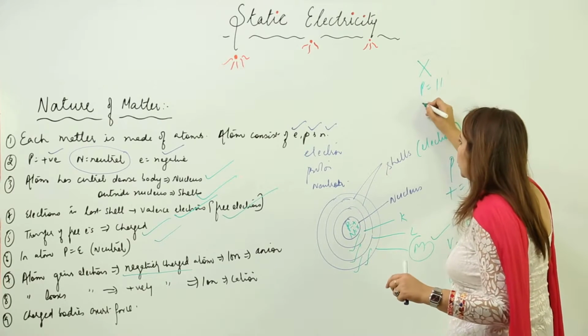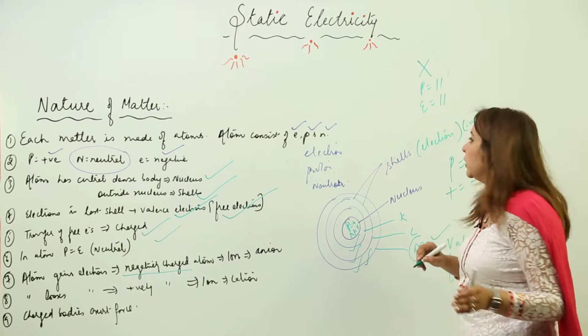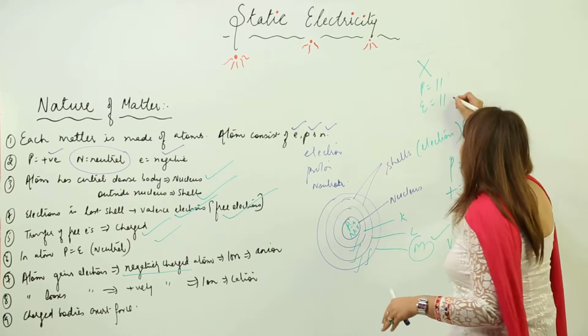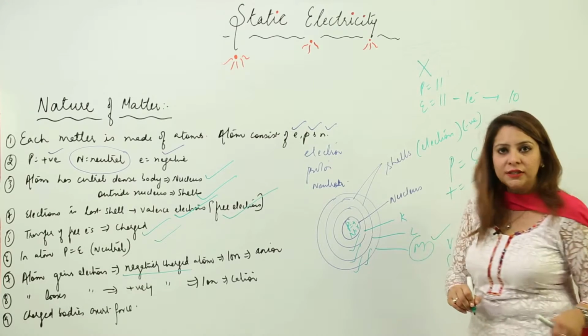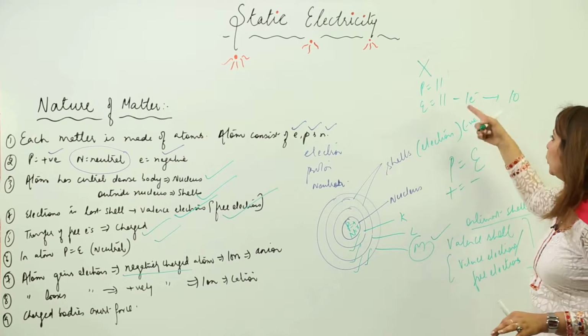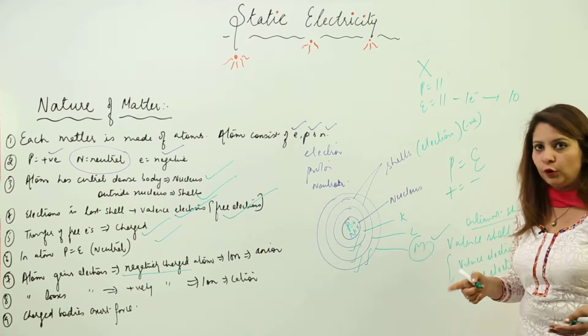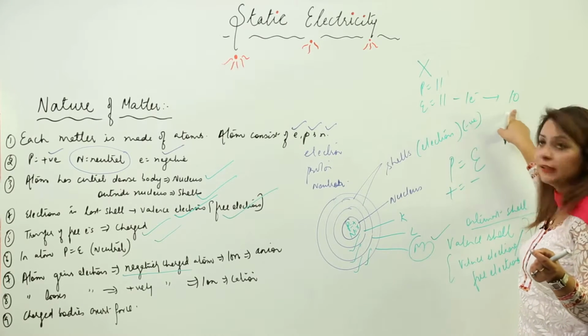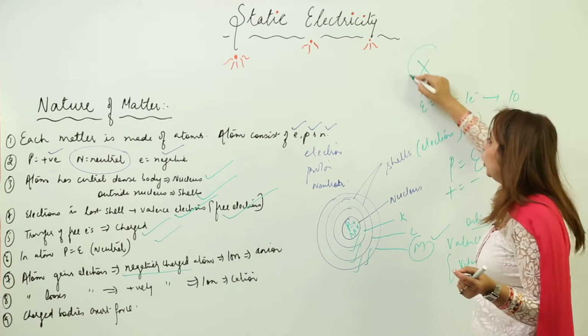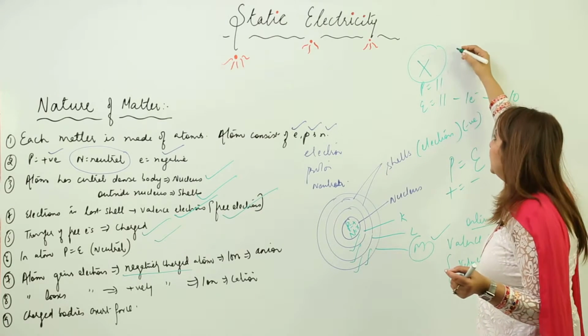Let's say it loses one electron. Now how many electrons does it have? 10. Out of proton and electron, which is more in number? Obviously proton, by one, because it is 11 and 10. So it will no longer remain an atom, it will become a charged body.